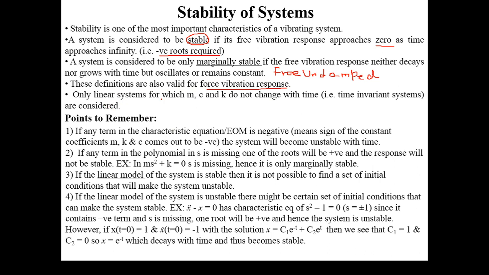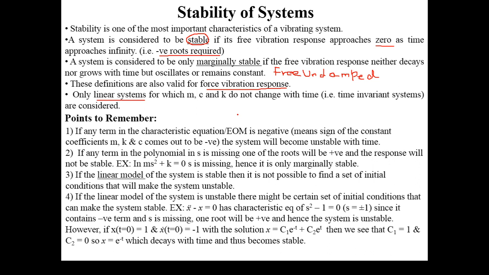This stability is only concerned with linear systems for which m, c, and k do not change with time. The system has to be linear, not a non-linear system. We are not talking about non-linear systems.